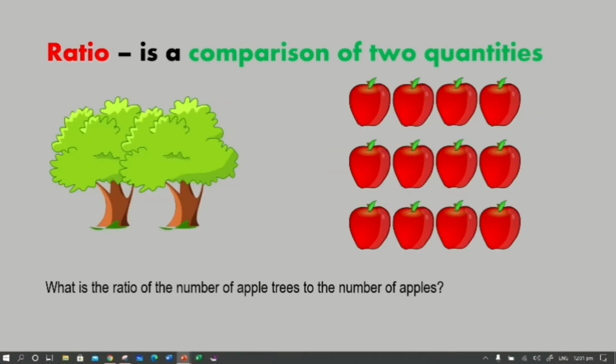Let's try another problem. What is the ratio of the number of apple trees to the number of apples? The answer is 2:12. Remember that a ratio can also be expressed in lowest terms, meaning the ratio 2:12 is the same as 1:6 if we reduce the ratio to its lowest term.